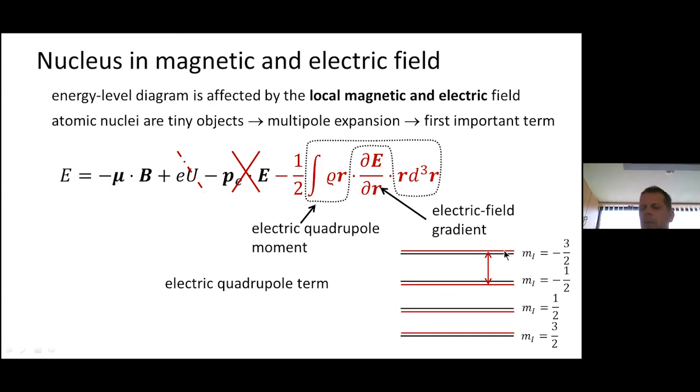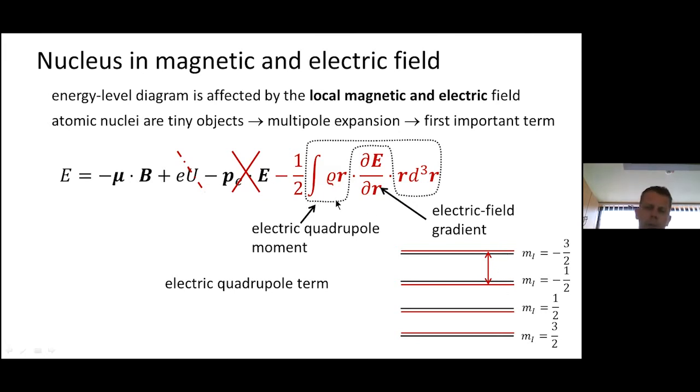So this term raises energy levels for some magnetic quantum numbers and lowers the energy for the other quantum numbers. So it does affect the transition frequency. So we can detect this contribution to the transition frequency or to the energy splitting.